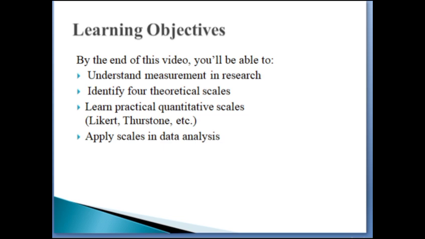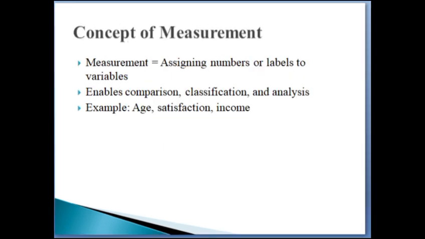Then we will explore practical quantitative scales like the Likert scale, Thurstone scale and others, which are commonly used in surveys and research questionnaires. Finally, you will learn how to apply these scales in data analysis, including SPSS, so you can select the right statistical test and interpret your results correctly. Keeping these objectives in mind will make the learning journey much smoother.